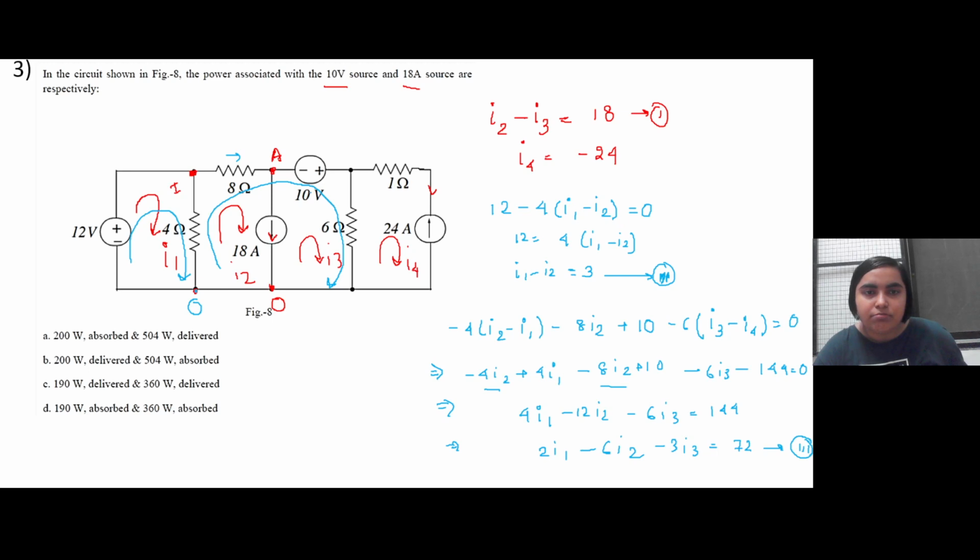So the way to solve this faster would be to substitute everything in terms of I3, because we need the branch current, right? Here through this voltage source I3 will be flowing.